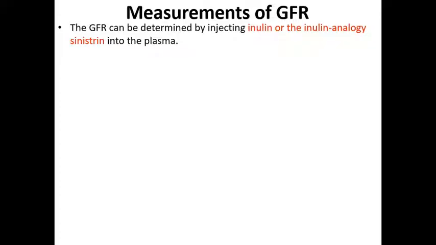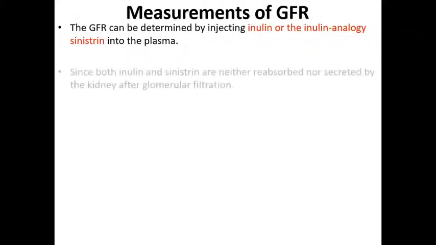But here, you want to estimate glomerular filtration rate. Why? It's because inulin can be freely filtered by the glomeruli. Then it's non-toxic, it's not being reabsorbed, it's not being secreted. So you can use it to estimate the glomerular filtration rate.